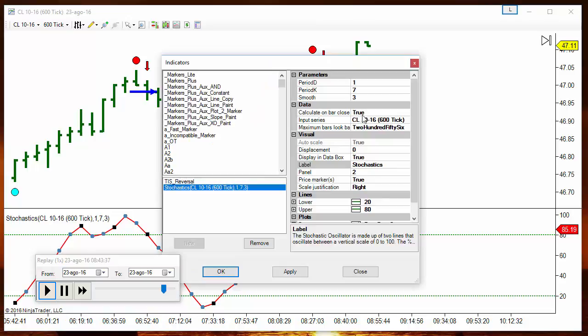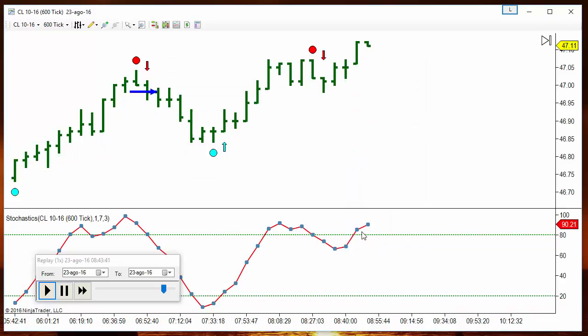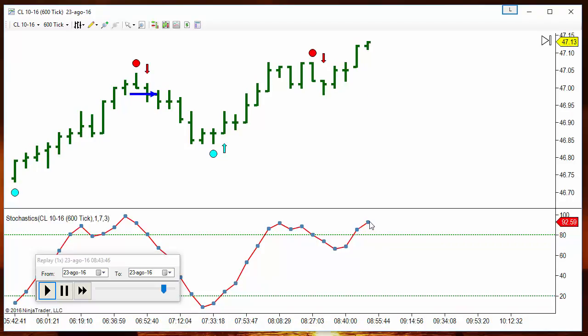We can make it paint in real time the stochastic, so we can see the last finished bar and current stochastic value. When this slope is down and the current point is over the overbought, then we have a possible reversal signal.